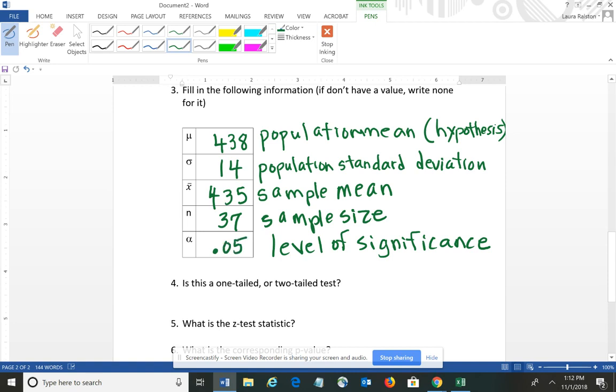We also need to determine whether it's a one-tailed test or a two-tailed test. To make that decision, you always look at the alternative hypothesis, and it's based on the symbol.